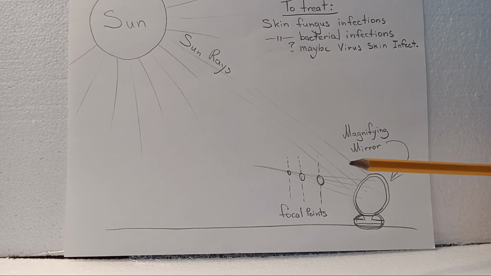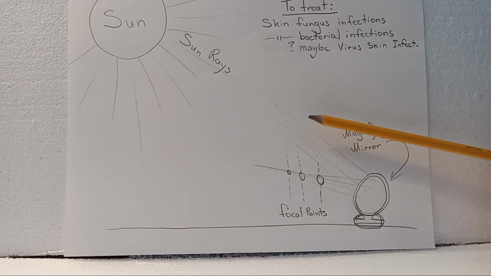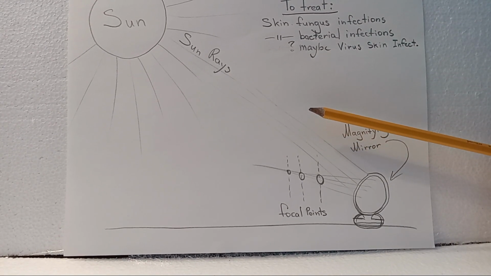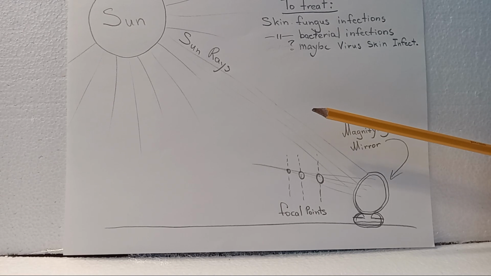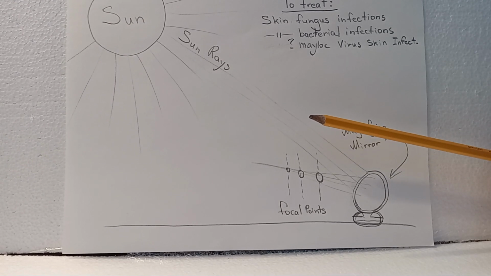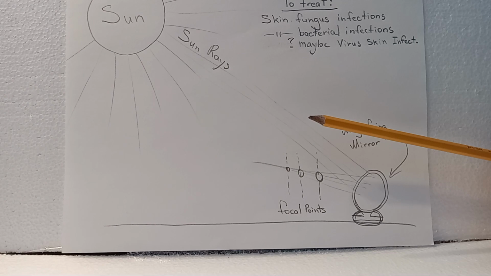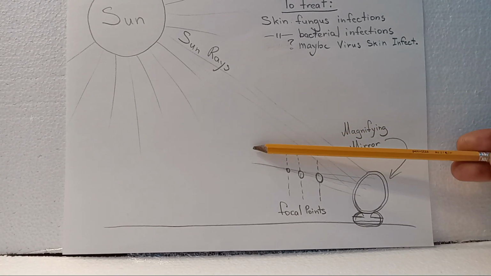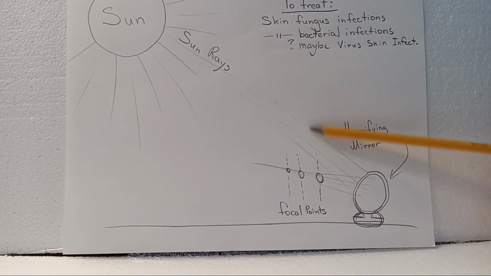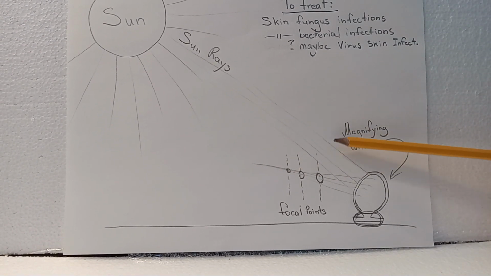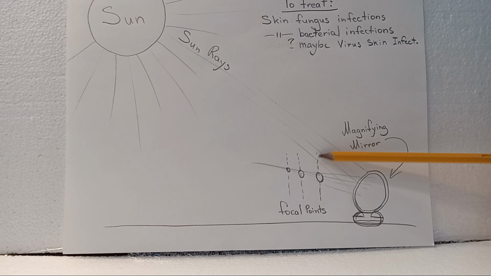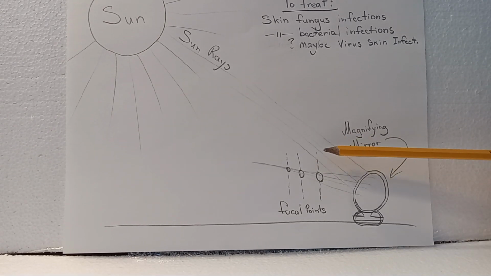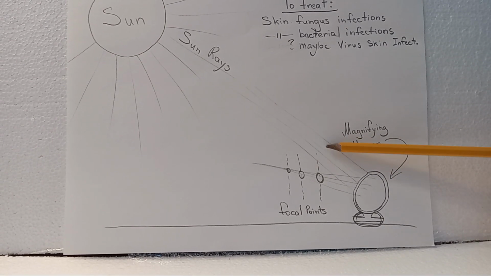Another way is using, I forgot the name of it, a film that concentrates the light as well. So you can have a film right here, and then it will focus the light into a point, and then you can treat your infected area at the focal point that way.